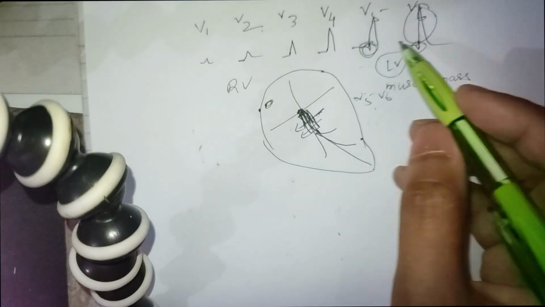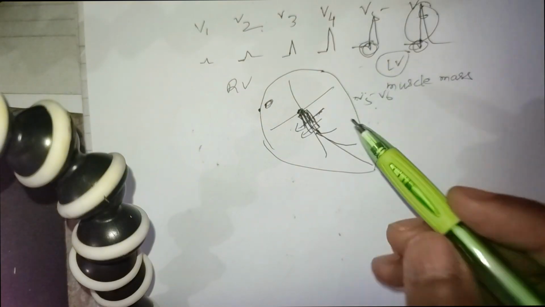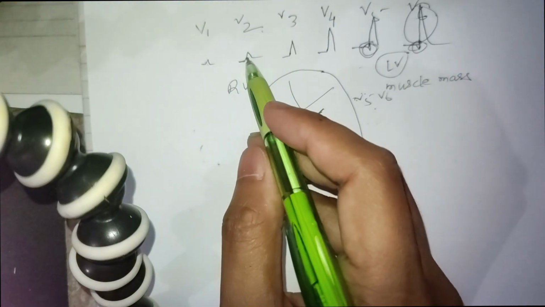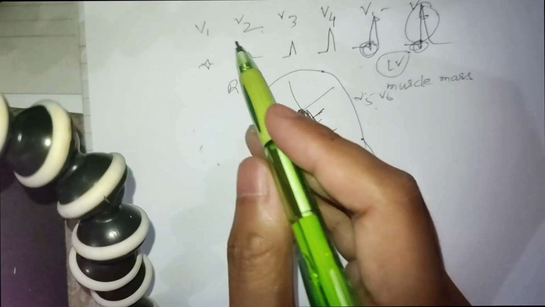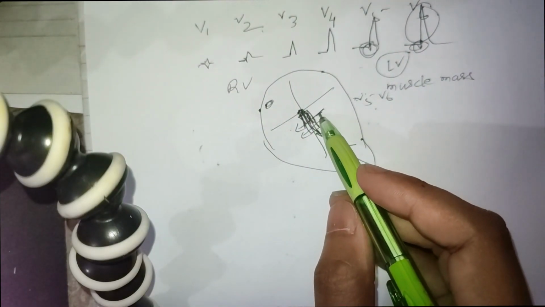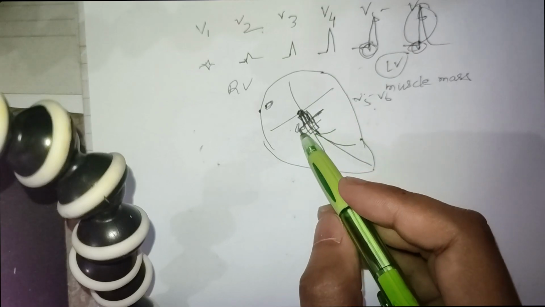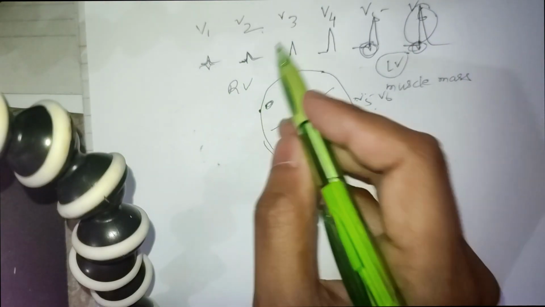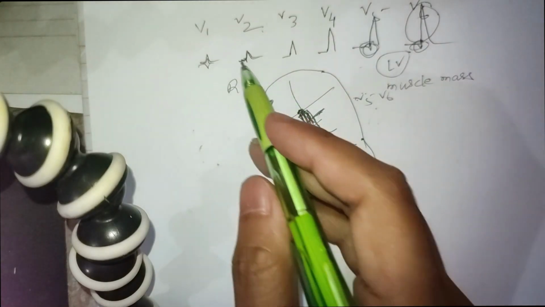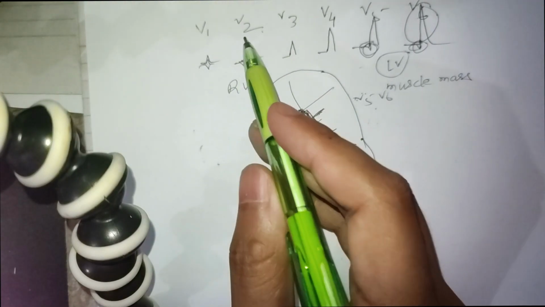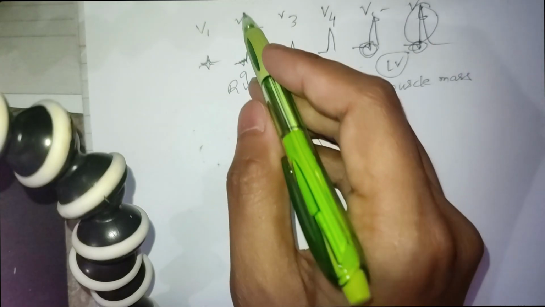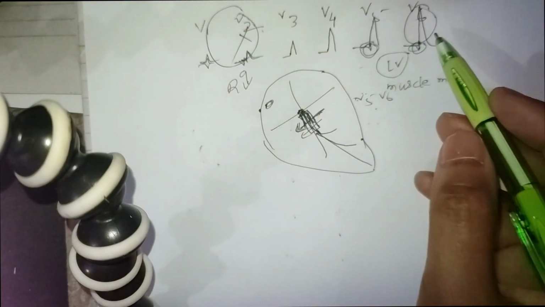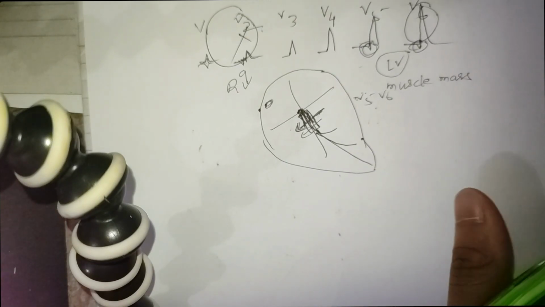When you see these small Q waves in left precordial leads, these can be normal, but Q waves on this side are never normal, because first of all the septum depolarizes going towards the right side. So on the right side there should be positive deflection, right? It should not be negative deflection. So if you see Q wave in V1, V2, this is never normal, okay? Q wave in V5, V6 can be normal.